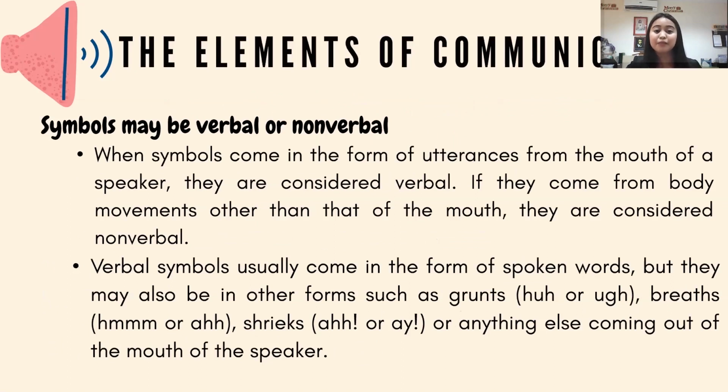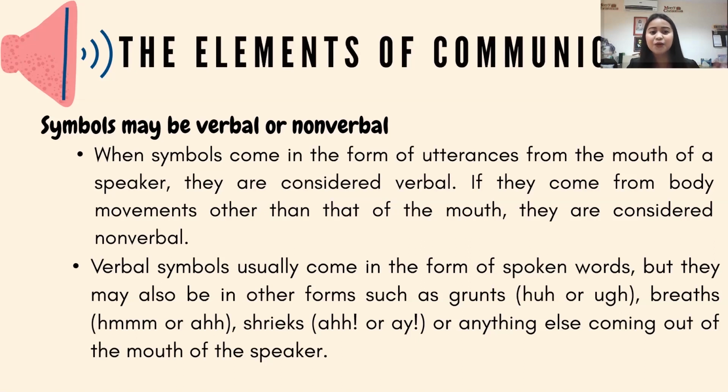Next, symbols may be verbal or non-verbal. When symbols come in the form of utterances from the mouth of a speaker, they are considered verbal, okay? If they come from body movements other than that of the mouth, they are considered non-verbal. I know that you are used to verbal communication. This is the way we talk, okay, when we talk to a single person or in our circle of friends.